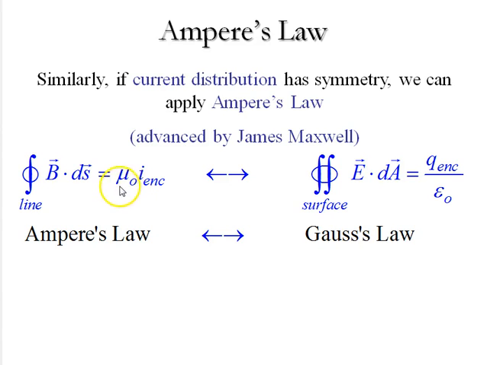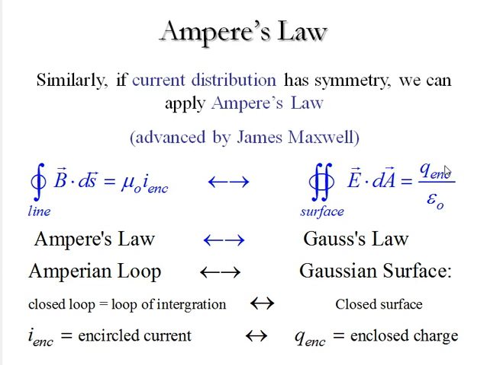If we compare Ampere's law to Gauss's law, we see Ampere's law has a line integral of B dot ds, and that's equal to the encircled current multiplied by the permeability constant. Whereas Gauss's law was a closed surface integral of E dot dA, and that was equal to the charge enclosed by the surface divided by the permittivity constant in a vacuum.